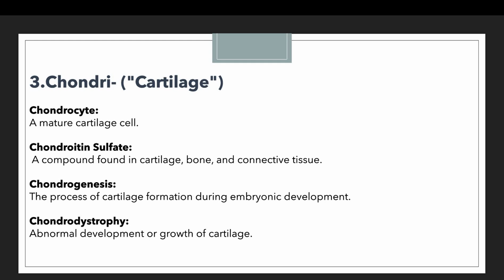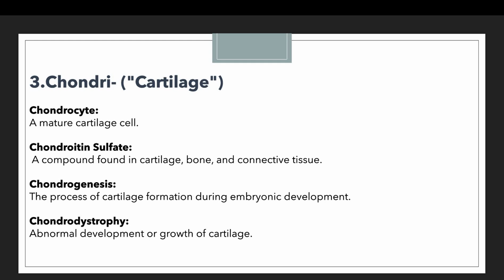Likewise, if you look at the next example, which is chondrogenesis, as I have told you previously also, whenever there is a suffix, not prefix, suffix genesis, it means there is something formation or development. So here also the process of cartilage formation during the embryonic development will be defined with the help of the medical terminology chondrogenesis.